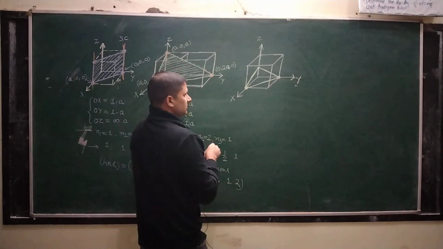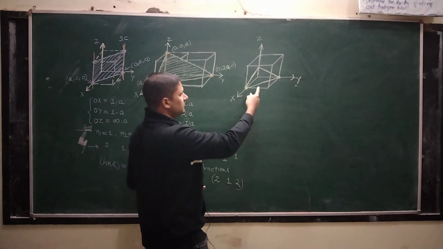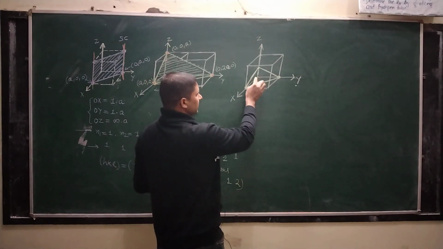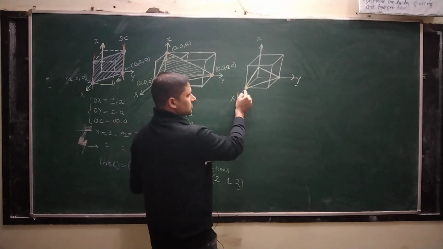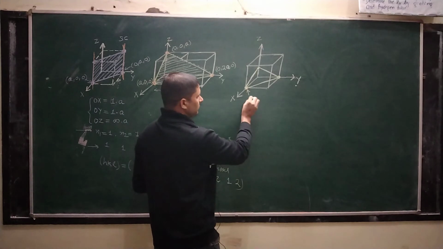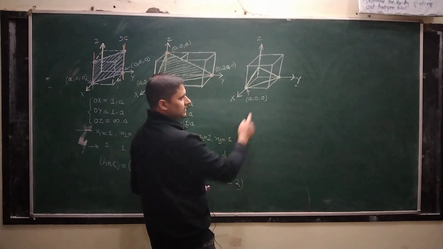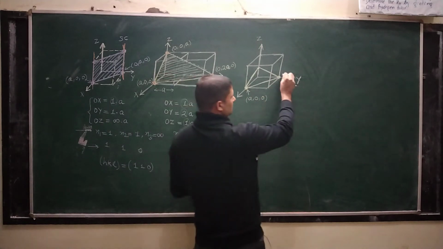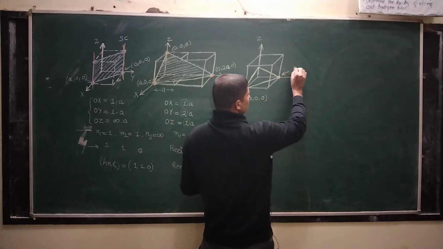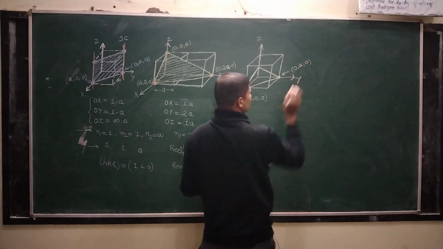Now what are the coordinates here? You will see the size of the cube is again a, and this side will be a. So the coordinate of this point will be a, 0, 0, and the coordinate of this point will be 0, a, 0.